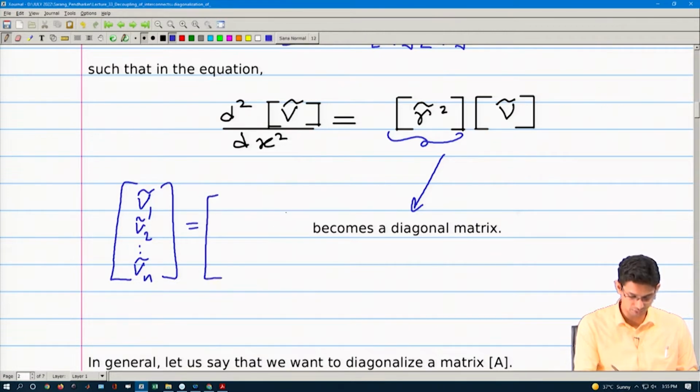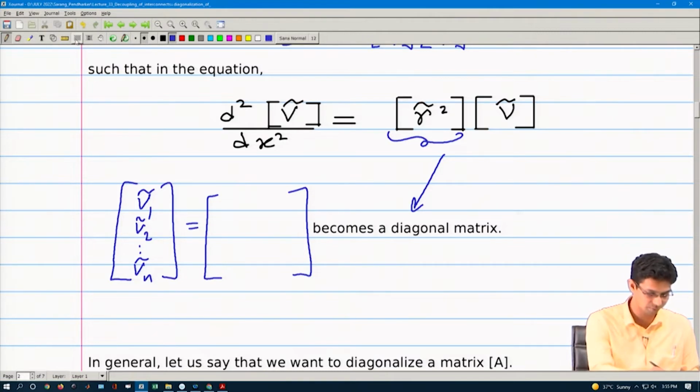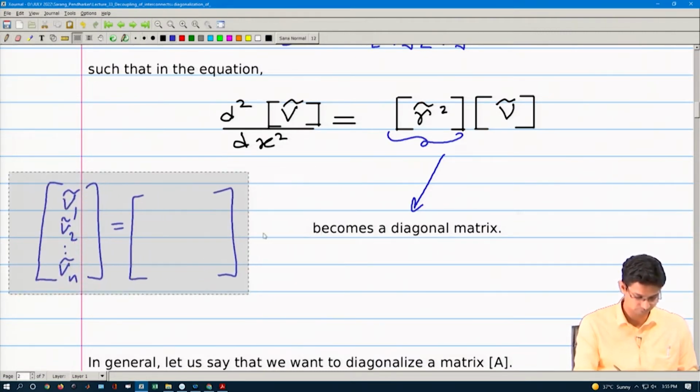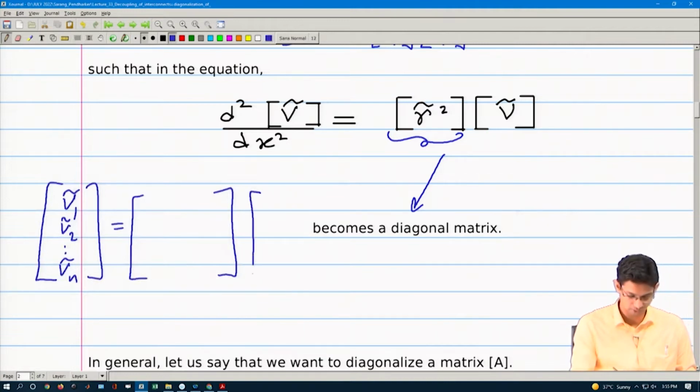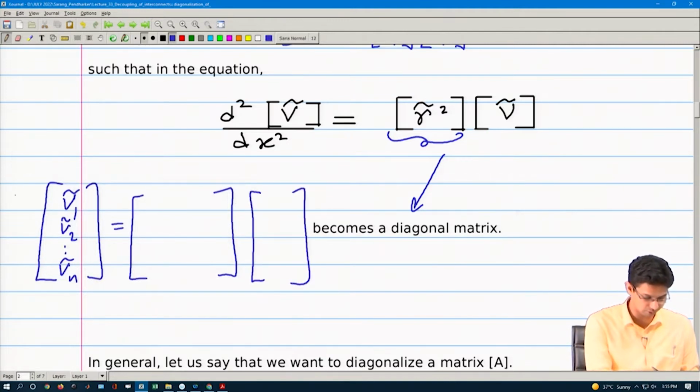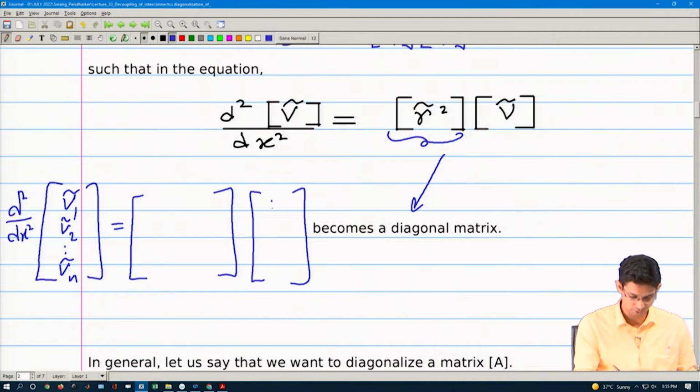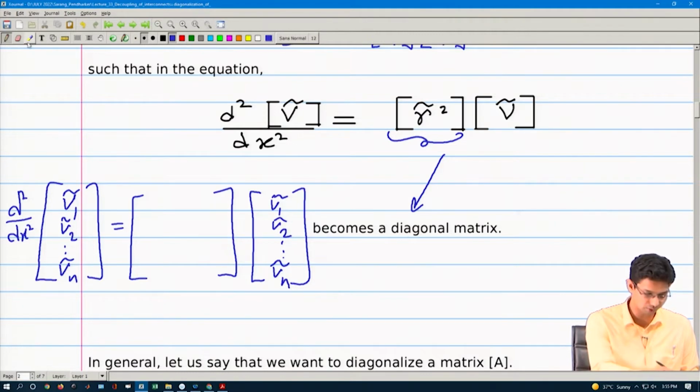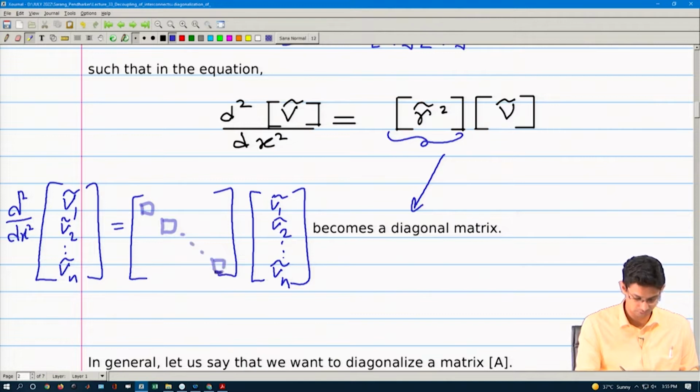And then you will have a matrix like this, and this will be multiplied by V1 tilde, V2 tilde going on till Vn tilde, and here now you will have only the diagonal terms, right, and all other terms would be 0.